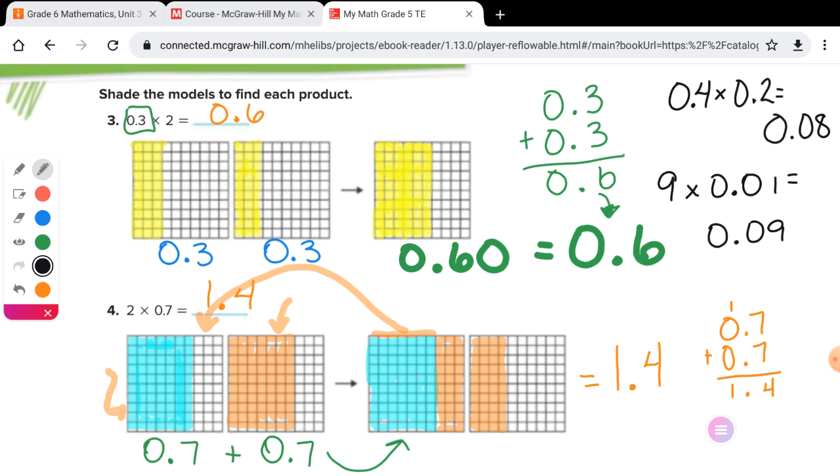Like you can do 3 times 2. Yeah, so if she's kind of looking at the number without the decimal point. So here she sees 3 times 2 and she sees a 6. Here she sees 2 times 7, and what is 2 times 7? 14. And again, the answer is not 14, but do you see 14 in that answer?